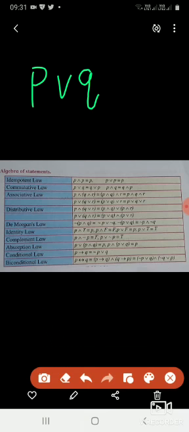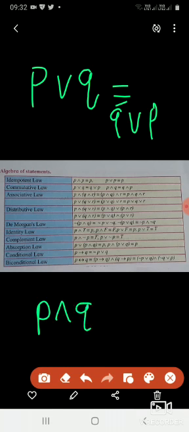Suppose you want to interchange this, you can interchange the order. This property name is commutative law. It means if P and Q, then you can also write Q and P. So we can interchange the order. That is called commutative law.